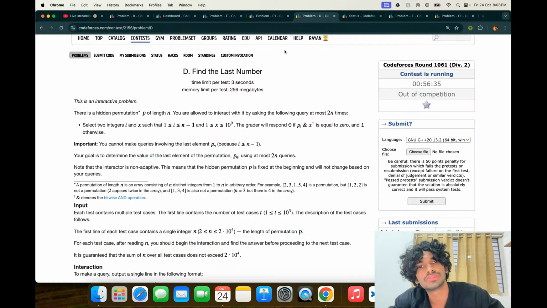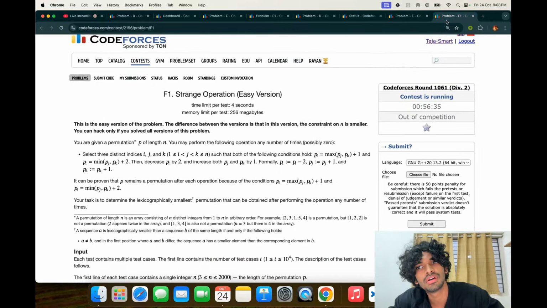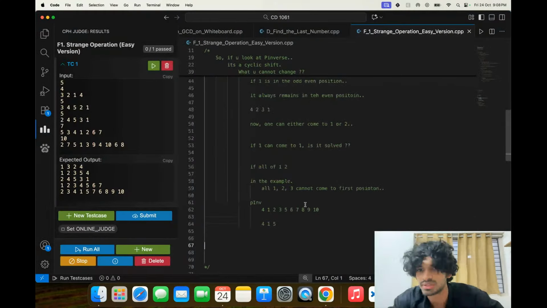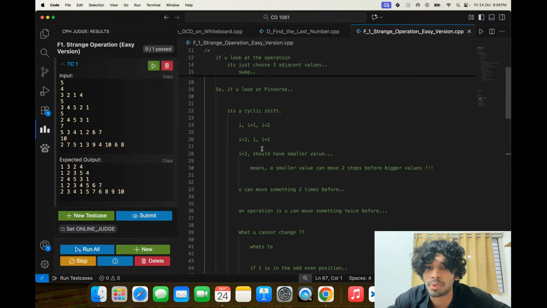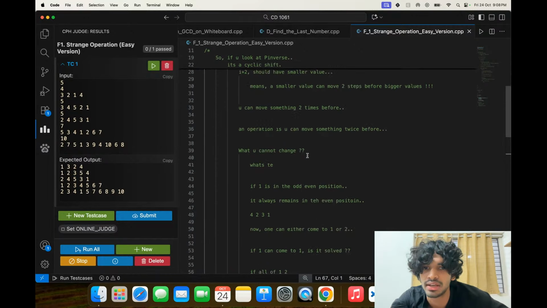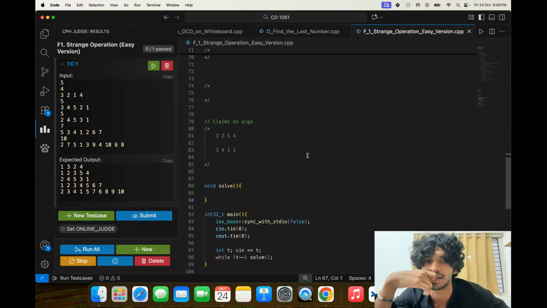What can I do? I think there is some fact which can be used to solve the problem. So let's solve the problem. Only a smaller value can cross two bigger values, right? Now we want the minimum place one can take, the minimum place two can take. First goal is the minimum place one can take.